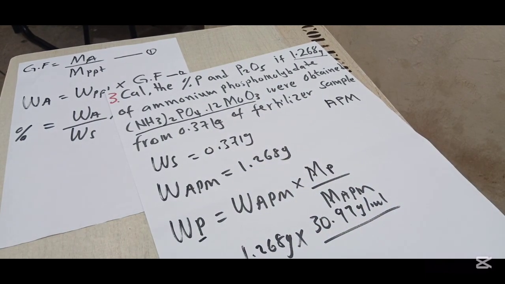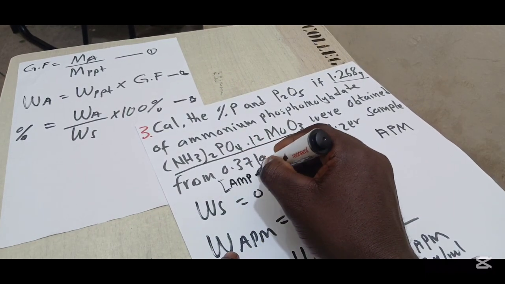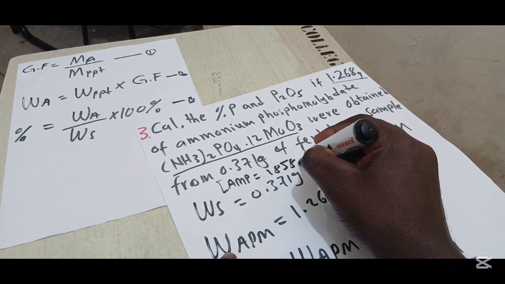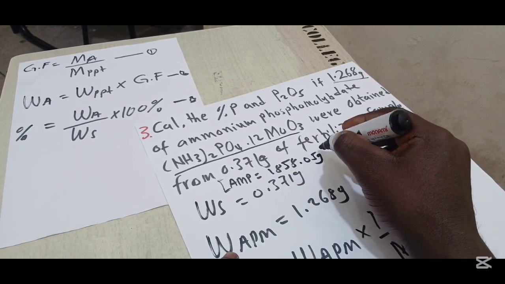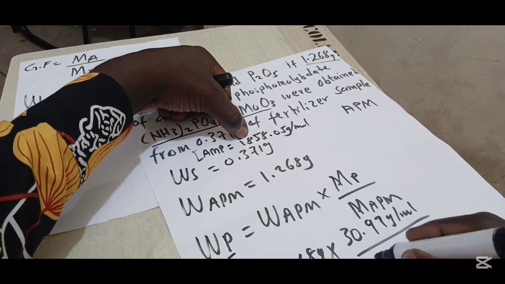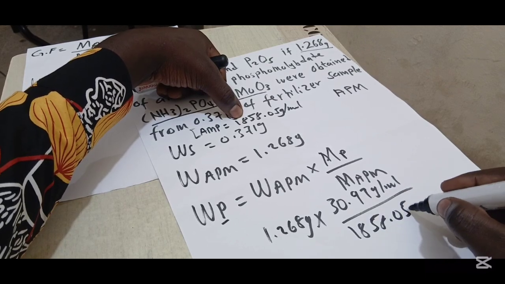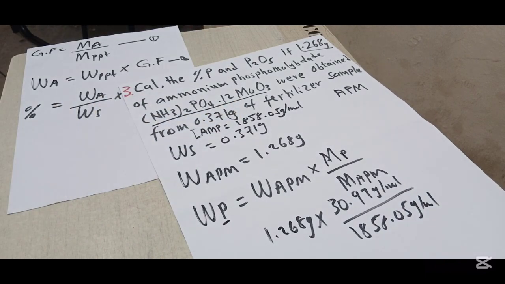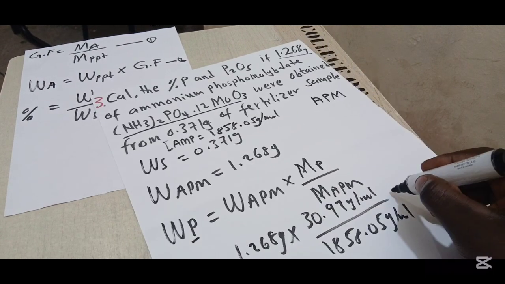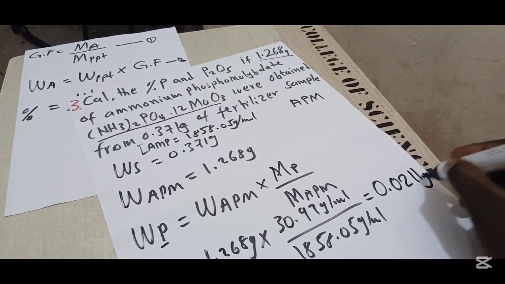The molar mass of APM must be given. APM has a molar mass of 1858.05 grams per mole. So we're going to use that. This whole thing is going to give us 0.0211 grams.